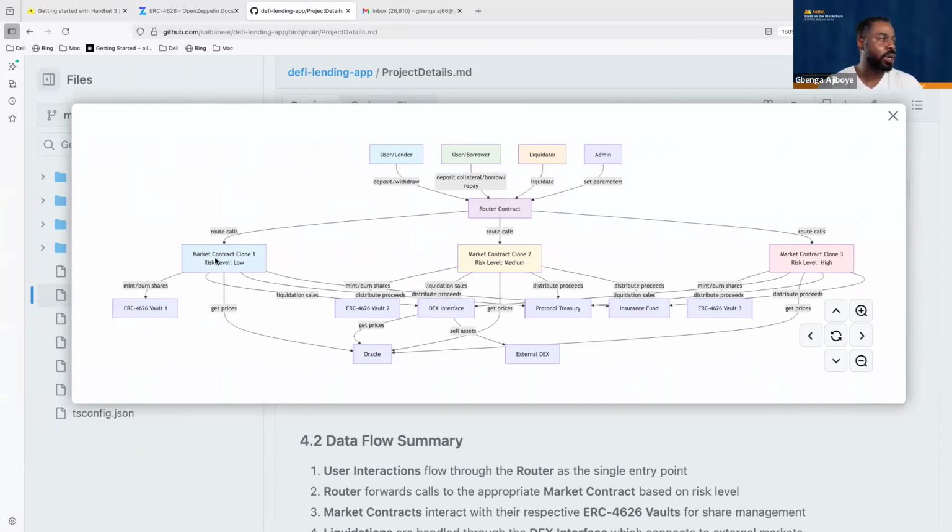Now this market contract has some components. It has a vault component, which allows it to mint and burn shares. It has an Oracle component, which allows it to get the price of an asset.